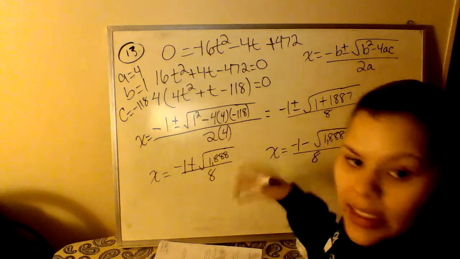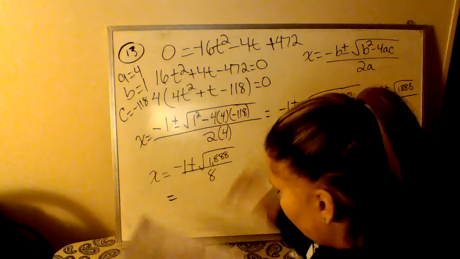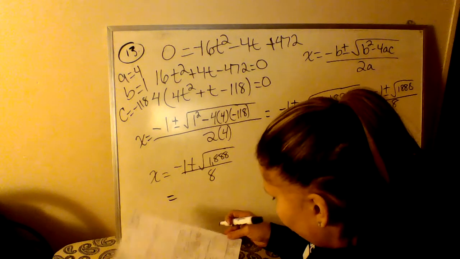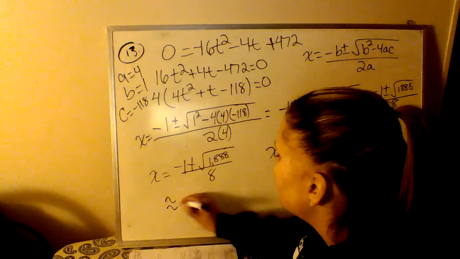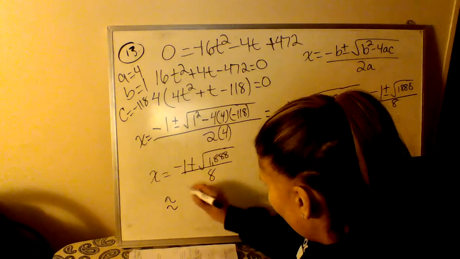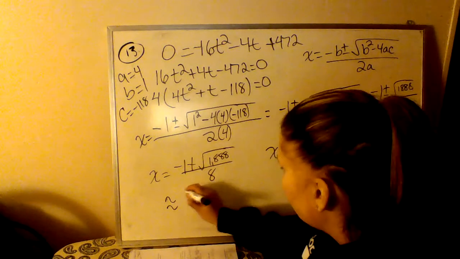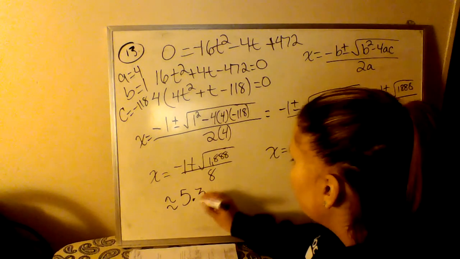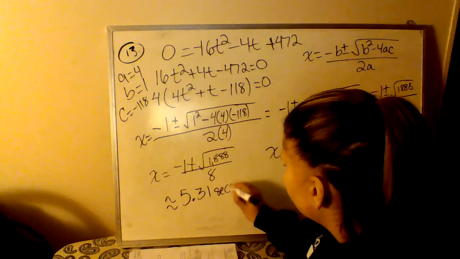When you calculate this, you're going to end up with a few long numbers, but you're going to round them. Your first one, the addition one, when you put it in your calculator, you'll end up with 5.31 seconds.